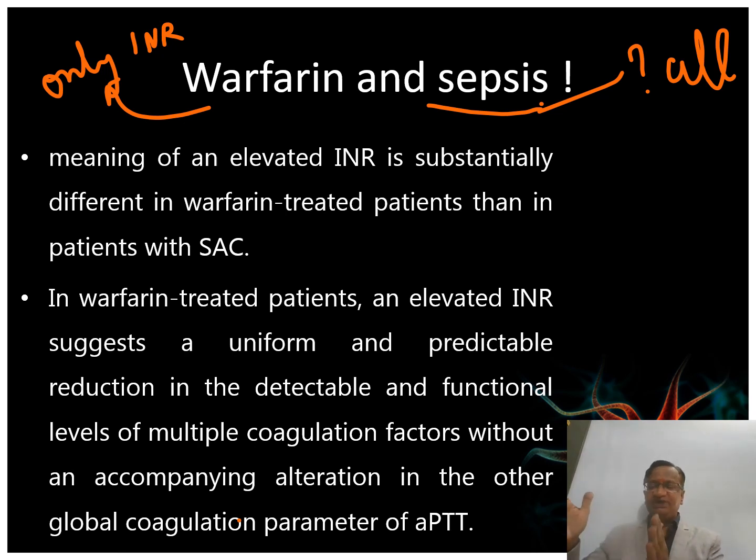If the INR is 2, yes, there is some problem. If the INR is 3, yes, the problem is more. But a similar thing we cannot tell in sepsis. Clearly, the elevated INR will quantitatively correlate with the degree of anticoagulation in warfarin. But in sepsis, there may be other factors like APTT.